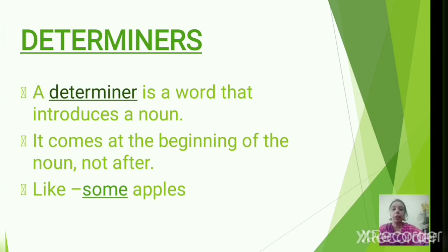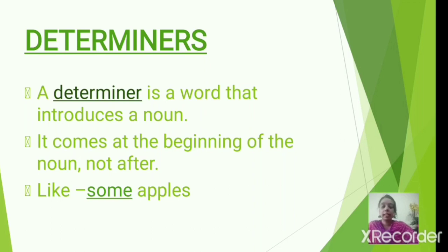I will introduce some more determiners like this, that, these, my, our, yours, their, a little, much, more, few, many. These are the common determiners.